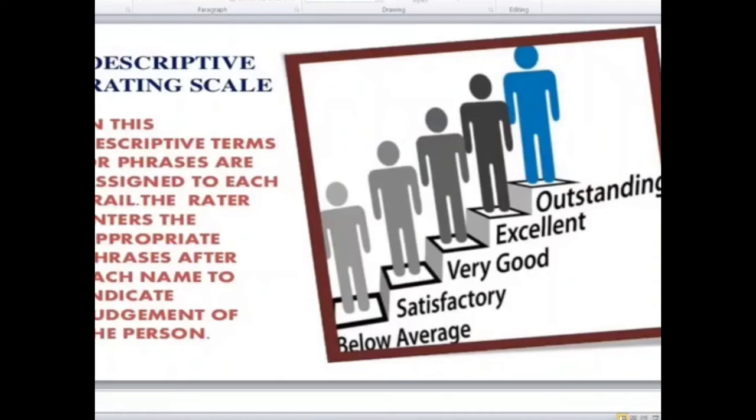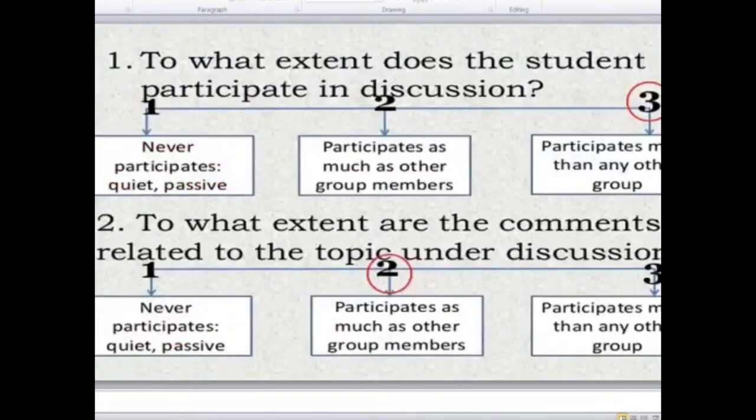That is, see the picture: below average, satisfactory or very good or excellent or outstanding. Like this we are giving. See one example. To what extent does the student participate in discussion? Never participates, or participates as much as other group members, participates more than any group. These are the descriptions. So, the descriptive rating scale shows some descriptive phrases.